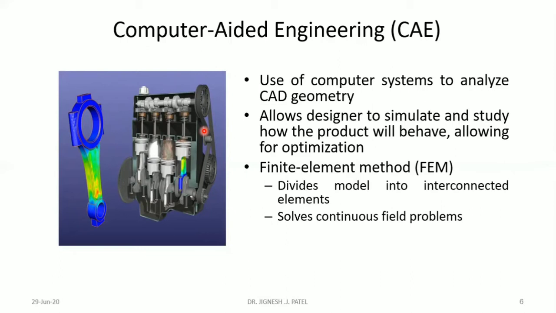This CAE allows the designer to simulate and study how the product will behave, allowing for optimization. Finite element method, FEM: it divides the model into interconnected elements and simultaneously solves the continuous field problem. So this is known as CAE, computer-aided engineering.